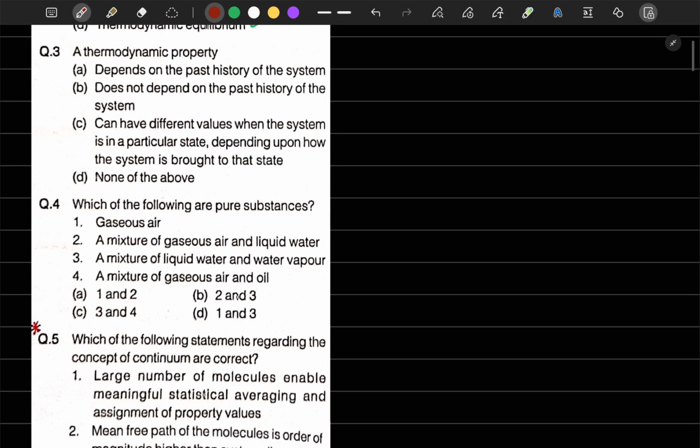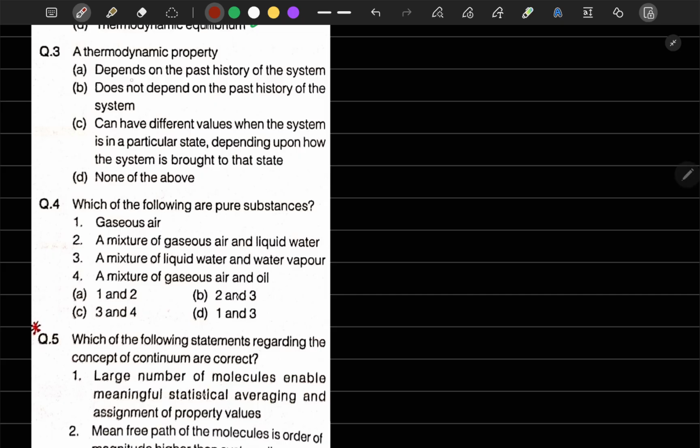Next question: a thermodynamic property depends on the past history of the system, does not depend on the past history of the system, can have different values when the system is in a particular state, depends upon how the system worked in that state, or none of the above. When we studied property, we discussed that a property is a point function.